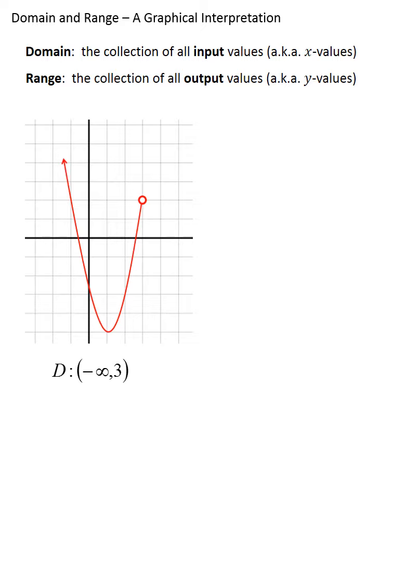And so when I think about the range, it occurs to me, I have a realization, that any of the y values represented in this shaded green arrow are possible outputs to this function. But nothing lower than -5 would be a possible output because there are no points there.